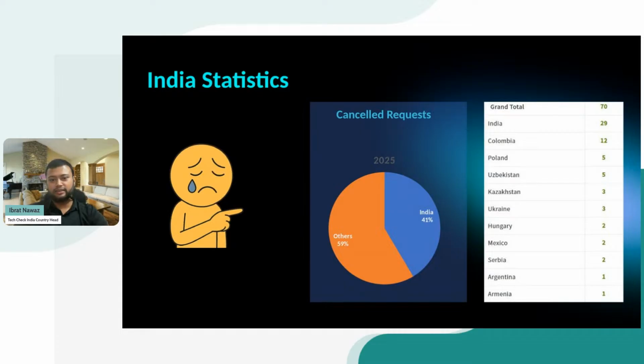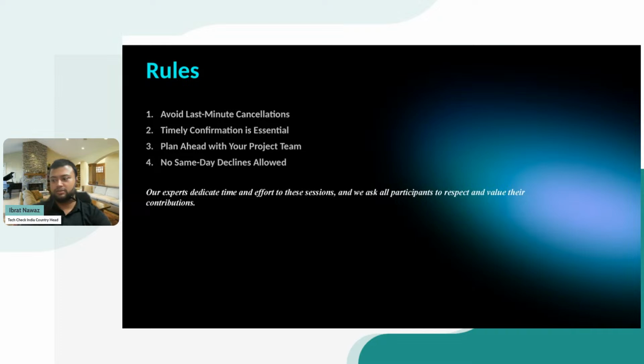India has a rate of 41%. In 2025 from January to June, we had 70 cancelled tech checks, and 29 is the exact number that comes from India itself. That is 41%.